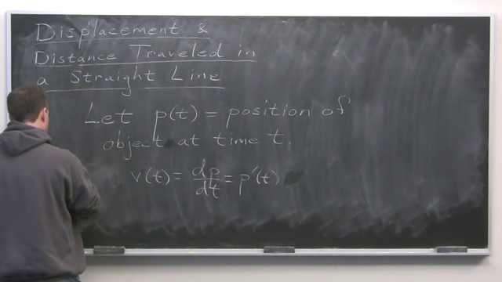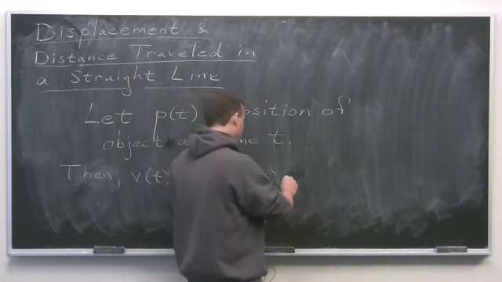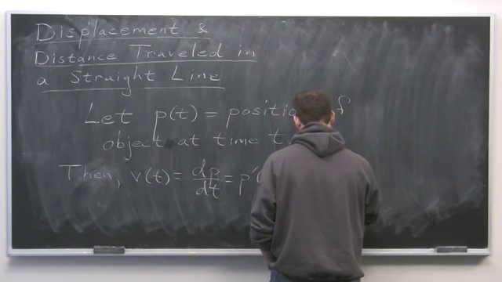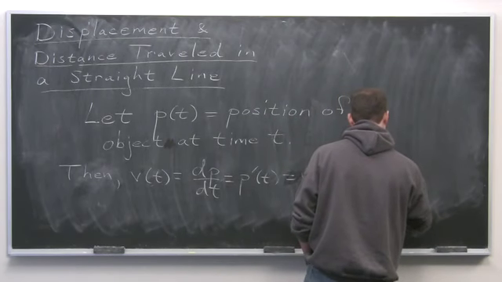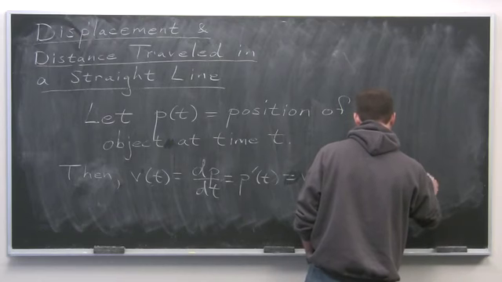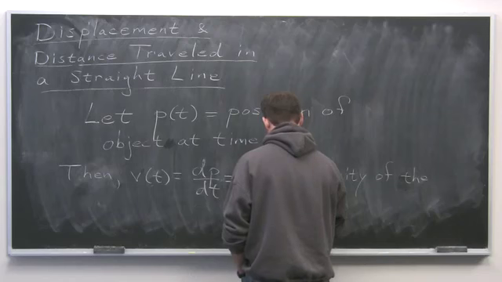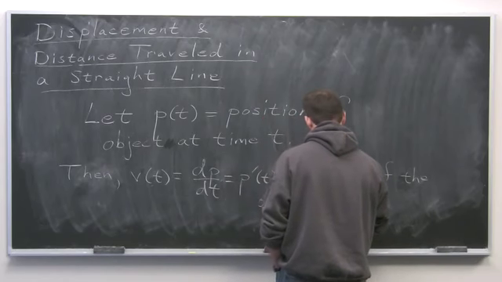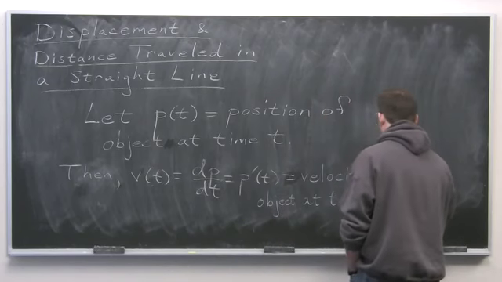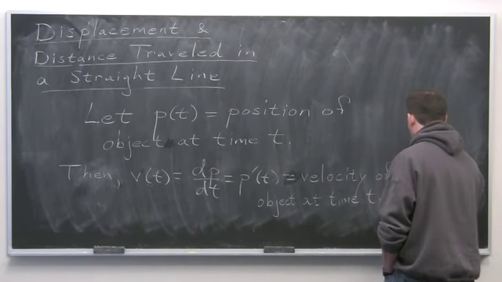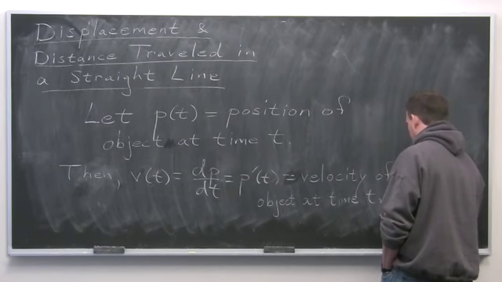I'm assuming this exists, so that P of t is actually differentiable. And we assume V of t is continuous.